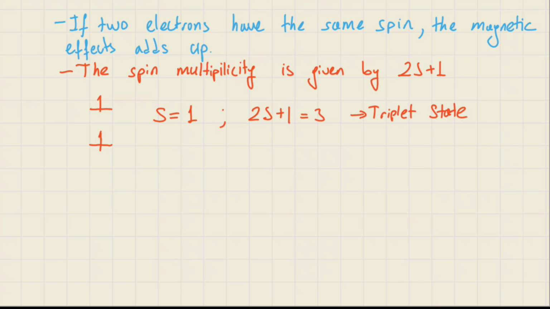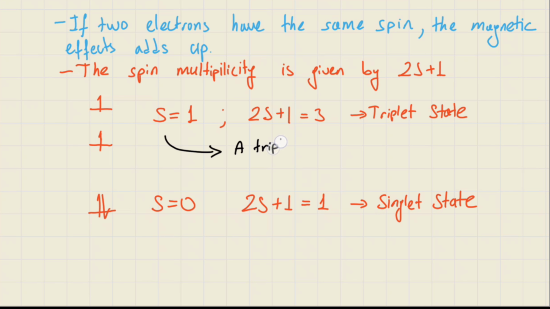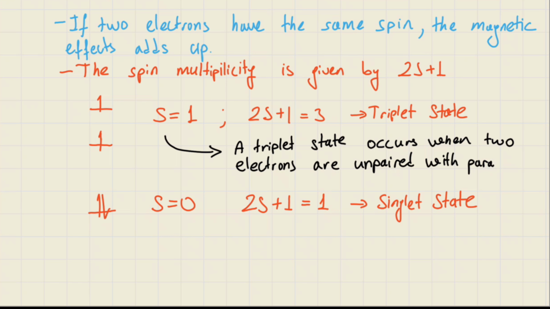But if the electrons have opposite spins, then S becomes 0 and 2S plus 1 becomes 1. And this is called the singlet state. And basically, a triplet state occurs when two electrons are unpaired with parallel spins.